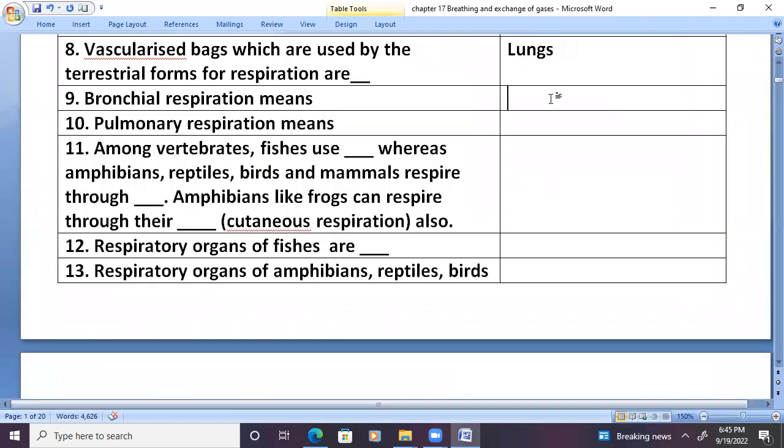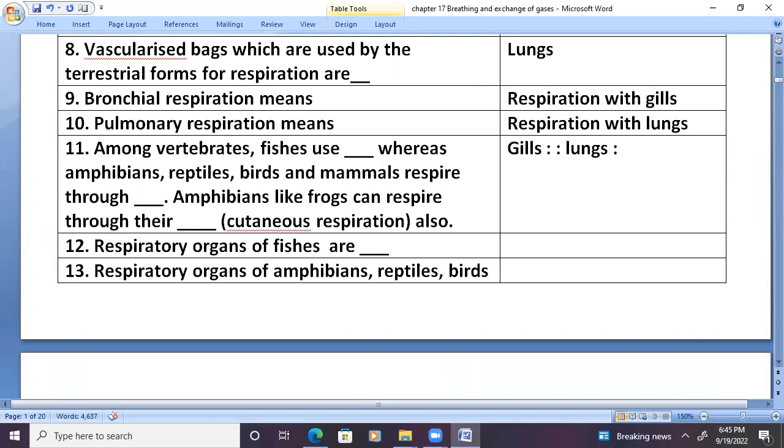Respiration with gills is called branchial respiration. Respiration with lungs is called pulmonary respiration. Among the vertebrates, fishes use gills, whereas amphibians, reptiles, birds and mammals respire through lungs.